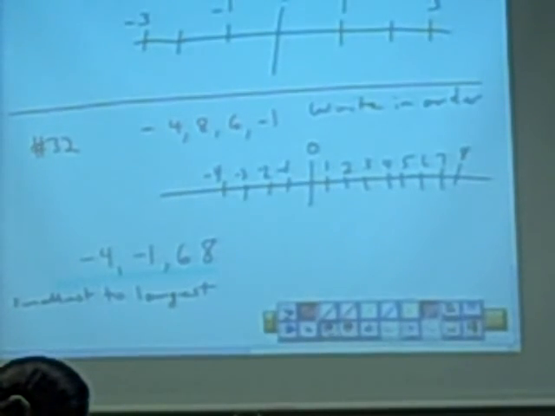Alright, let's go to a new page. Now in problems 60 through 71, we want to simplify.